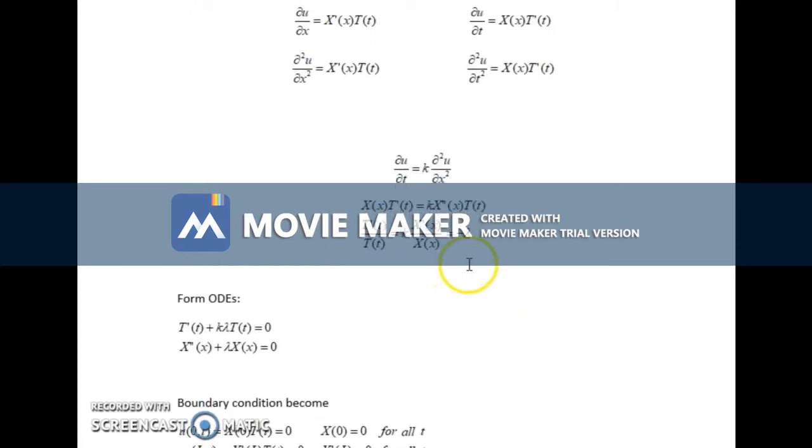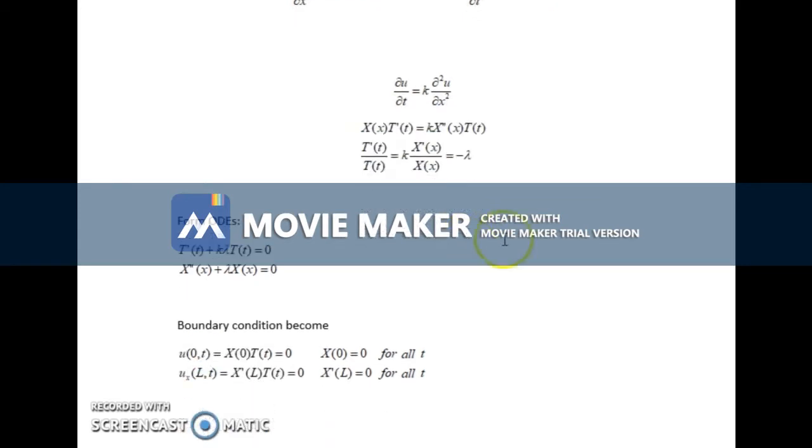And dividing by XT, it will give us this, and we consider negative lambda as a constant. From this function, we form the ODEs: T prime plus k lambda T equals 0, and X double prime plus lambda X equals 0.